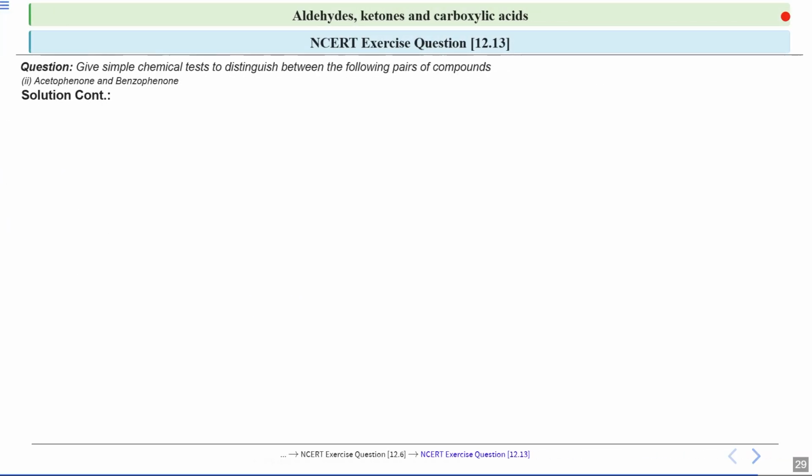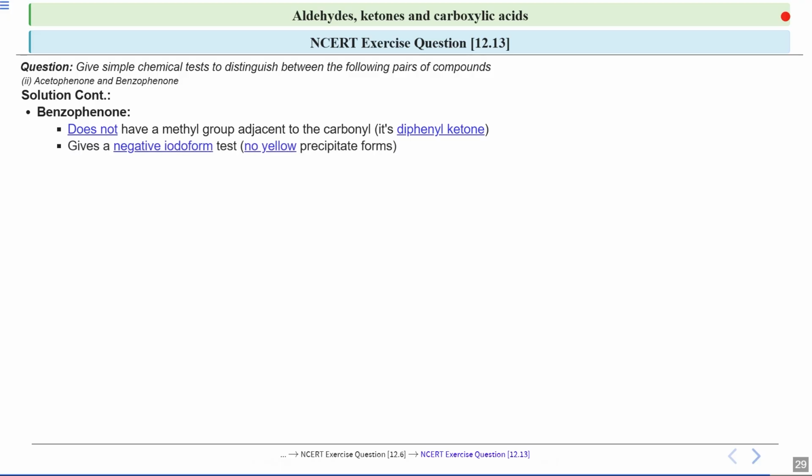Now, if we talk about benzophenone, it is a ketone where both the groups attached to the carbonyl are phenyl rings, which are just benzene rings. So benzophenone does not have a methyl group next to the carbonyl group. Instead, it has two phenyl groups, which makes it a diphenyl ketone. Because of this structure, benzophenone gives a negative iodoform test.